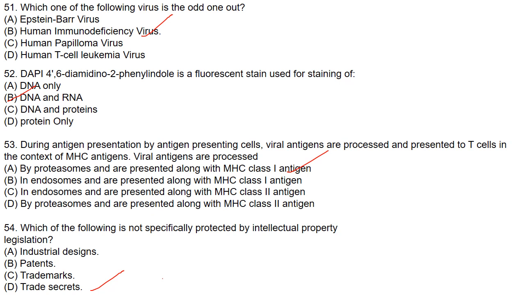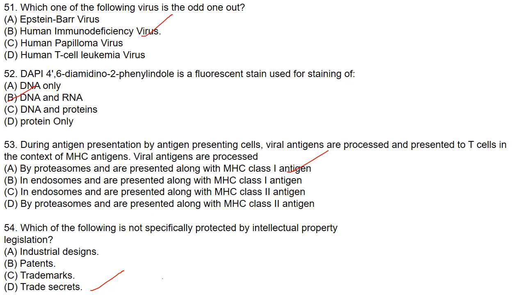Then which of the following is not specifically protected by intellectual property? So intellectual property refers to creations of the mind, such as inventions, literary and artistic works, designs and symbols, names and images. Types of intellectual property include copyright, patents, trademarks, industrial designs, geographical indication.